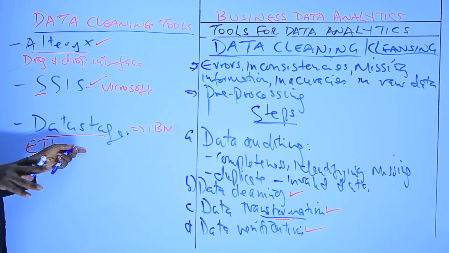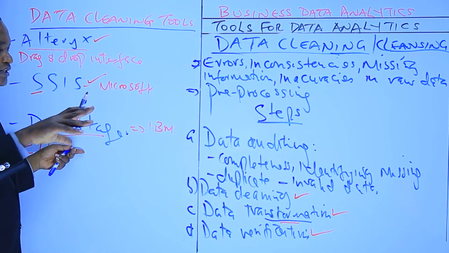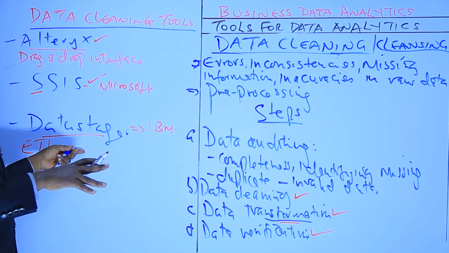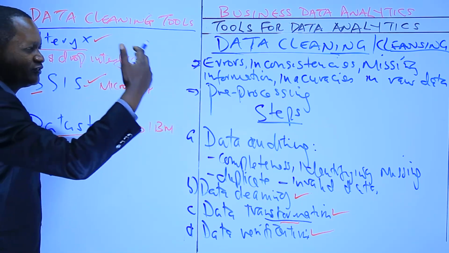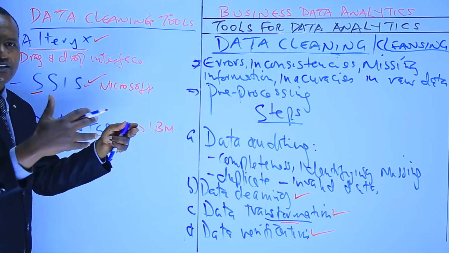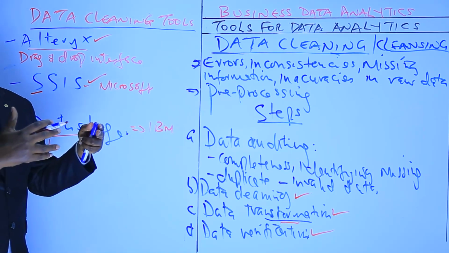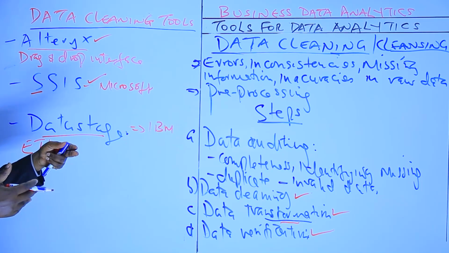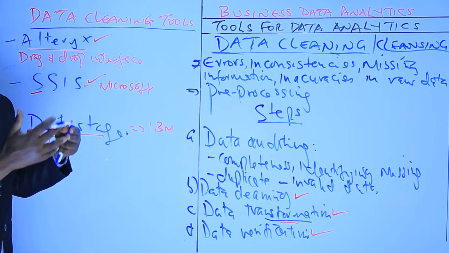All right? The DataStage software can extract, it can transform, and then load data from different databases, from different sources, and then target the information into a certain destination, like say a data warehouse or a data mart.